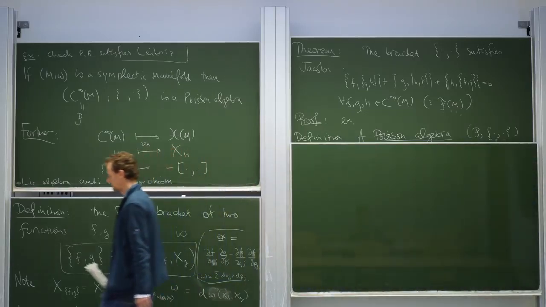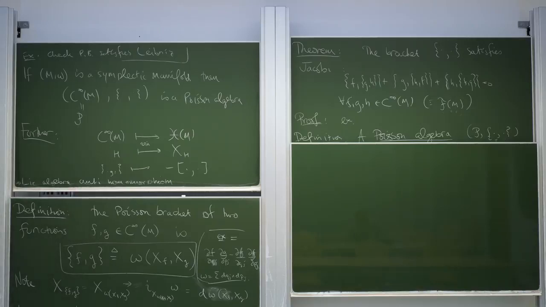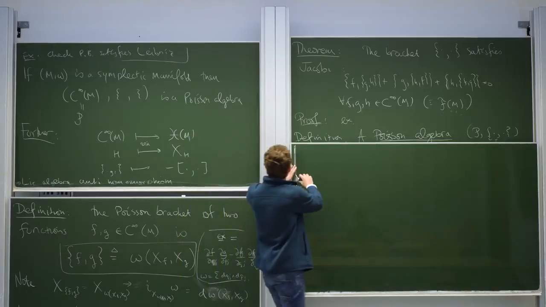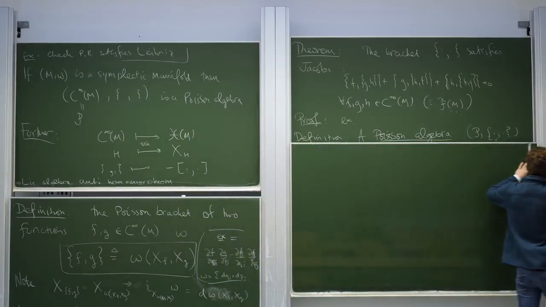You can think of a symplectic manifold as phase space, the set of all configurations of your classical system.